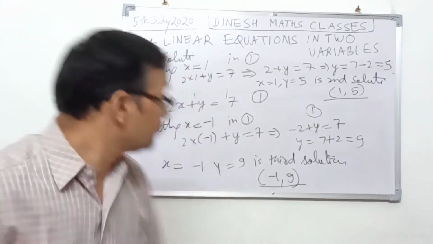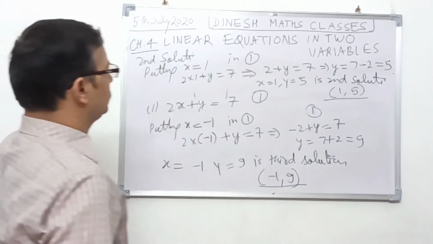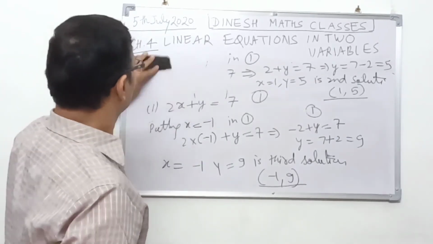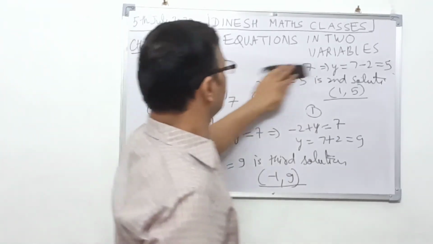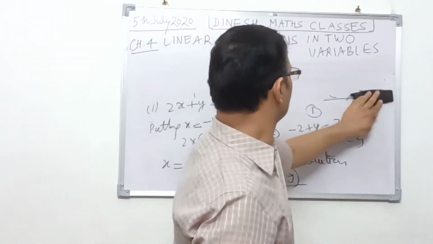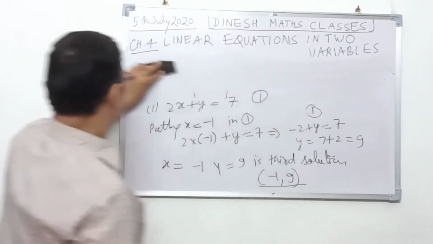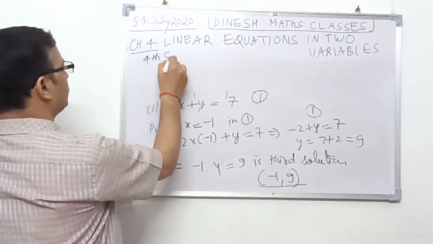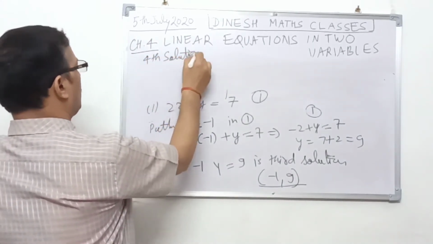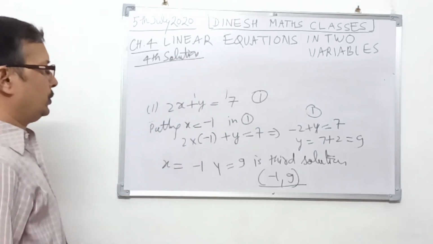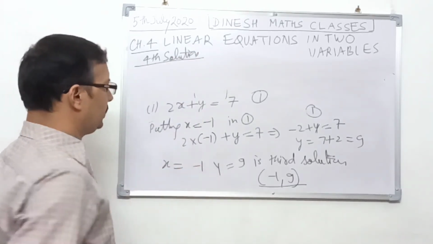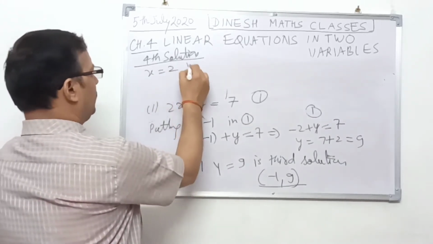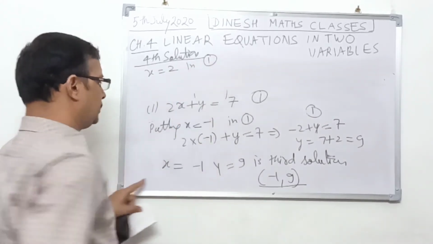Similarly, you can have one more solution because 4 solutions are to be obtained. To get the fourth solution, give one more value to x, say x equal to 2 in 1.